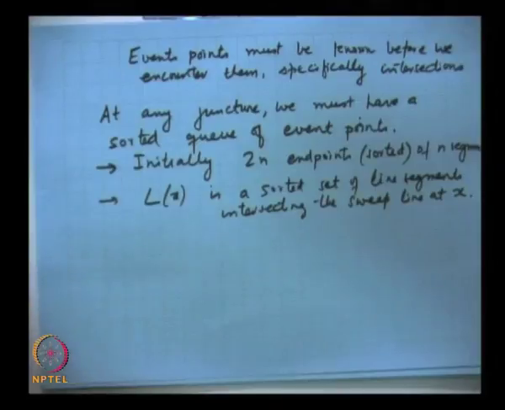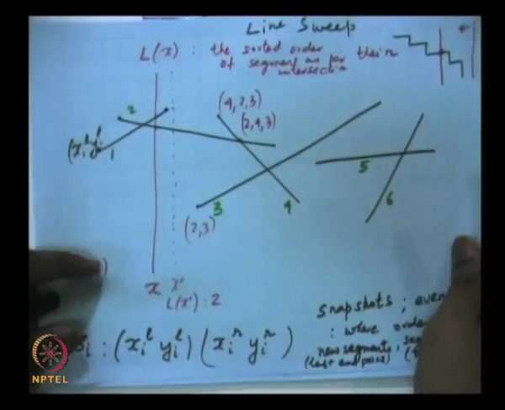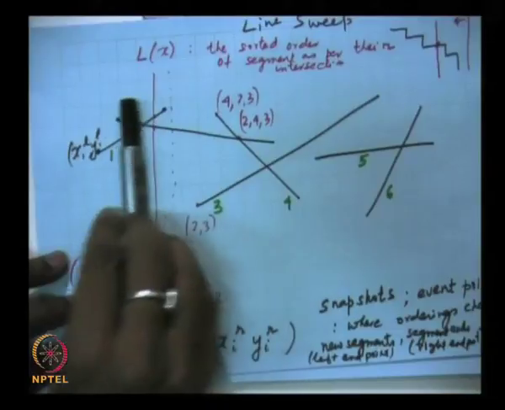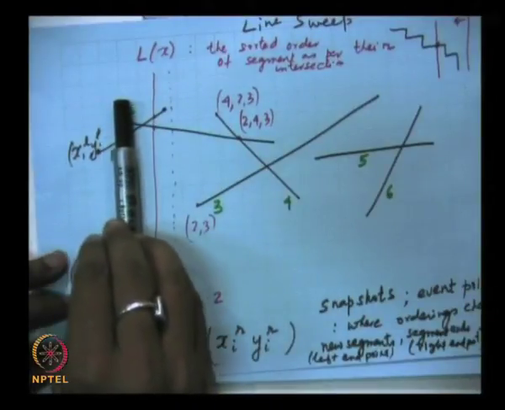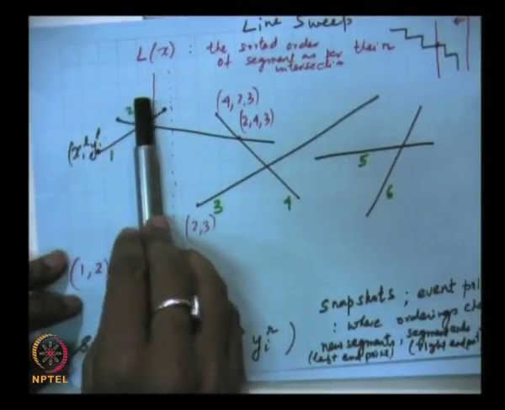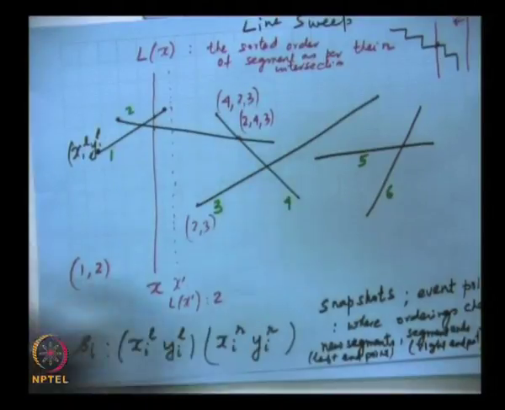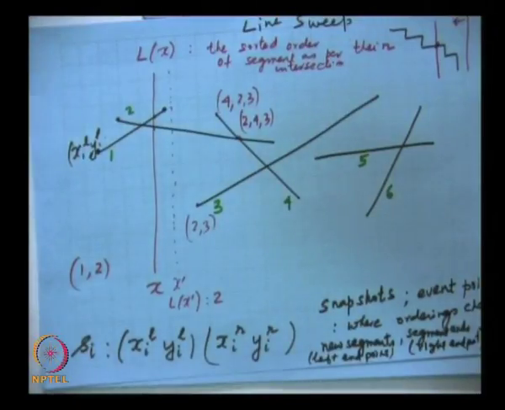One is the sorting of the event points along the x axis. The other is a snapshot, which is the intersection of the line segments with the sweep line. What we have observed, at least we have made one observation: if you go back to this, as we sweep across from left to right, any intersection that happens is going to switch the order of two line segments.